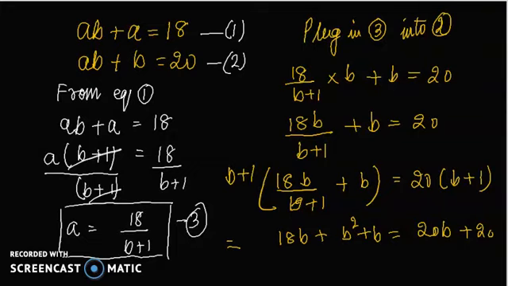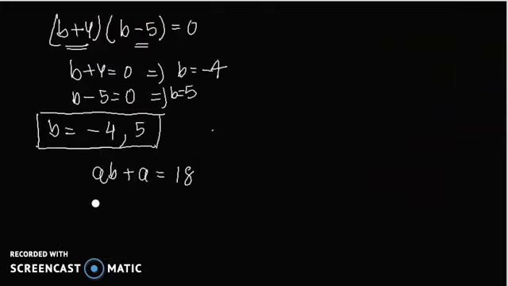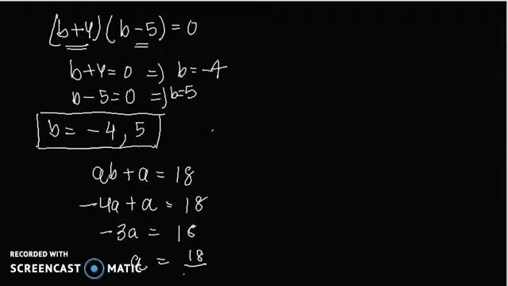So you can use any of these equations to get the value of a. So taking b as negative 4, we get negative 4a plus a is 18. That gives us negative 3a is equal to 18, which gives us finally a equal to 18 by negative 3, which is negative 6.